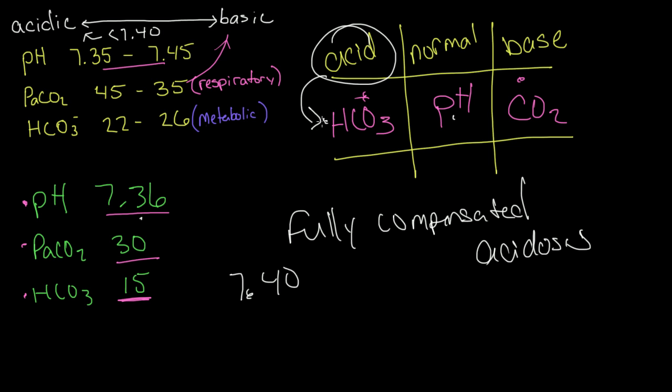In this case, it is our HCO3, which is our metabolic parameter. So we write down metabolic, and so this means we are in fully compensated metabolic acidosis. So our primary condition is metabolic acidosis, but our respiratory system is able to fully compensate enough that the pH is now back into a normal range.